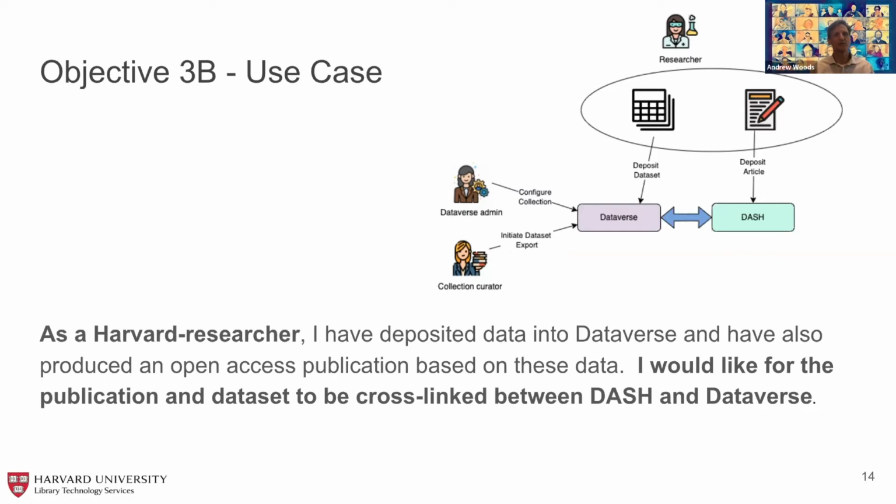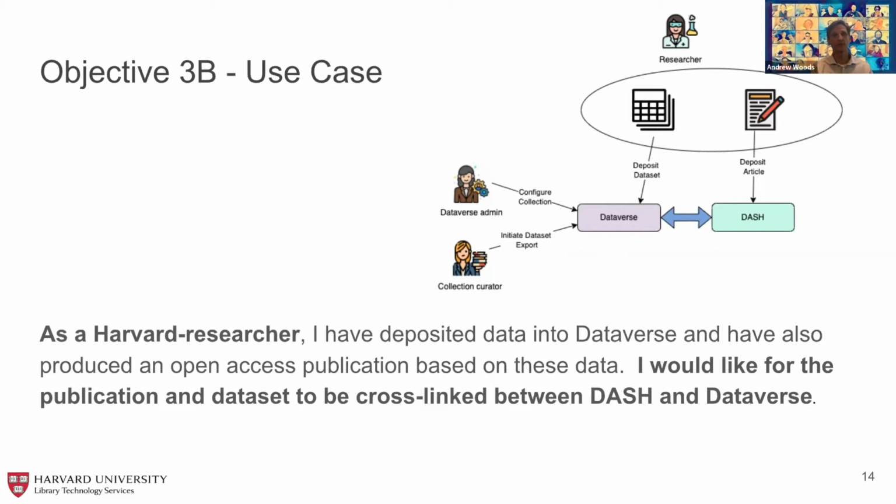And the motivation here really is in order to increase discoverability of both things, right? So if I come in through the open access repository and find an article, facilitate the discoverability of the supporting data sets.